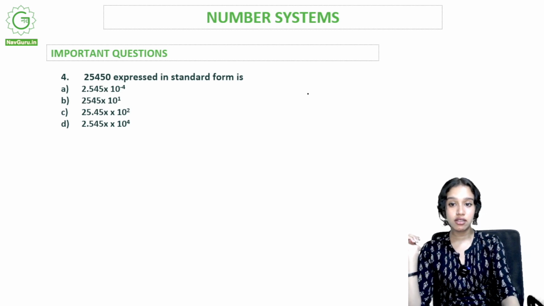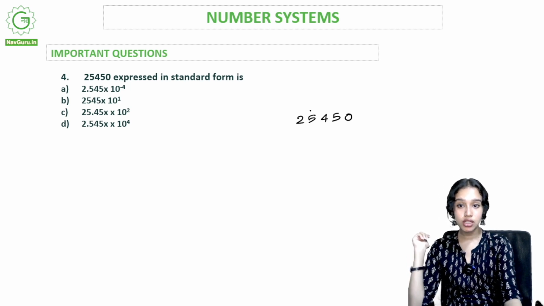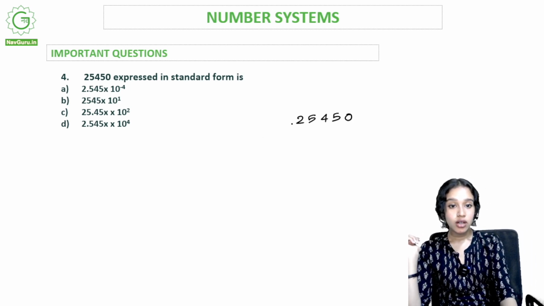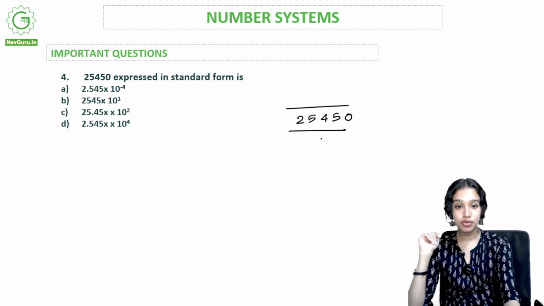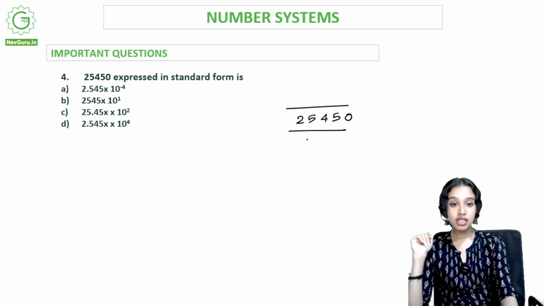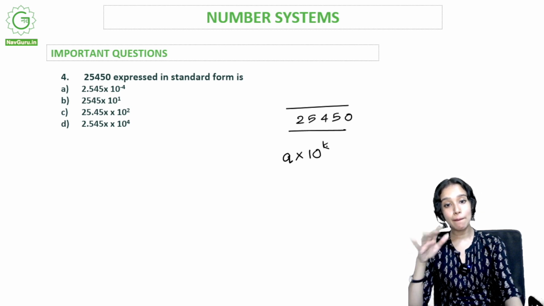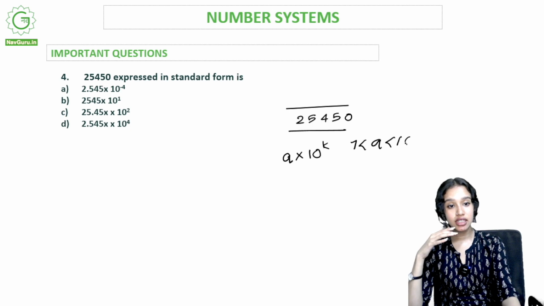The next question gives 25450. It should be expressed in standard form. So how should we express it in standard form? First of all, the standard form should be a form where a into 10 raised to k, where a should be lesser than 10 and greater than 1.